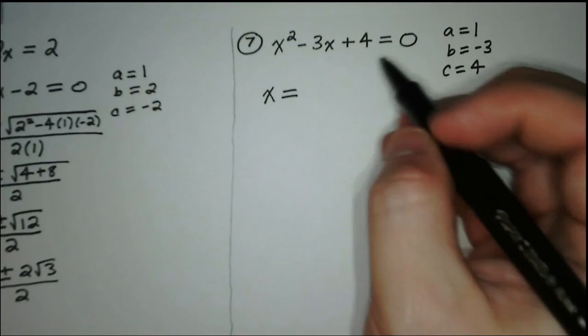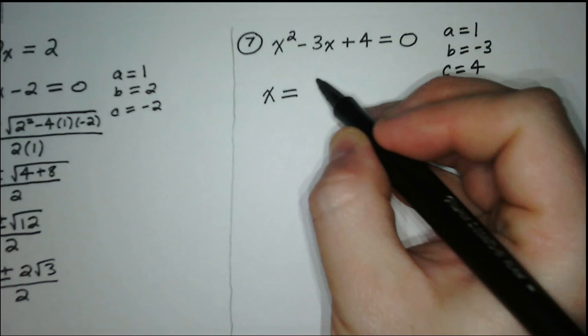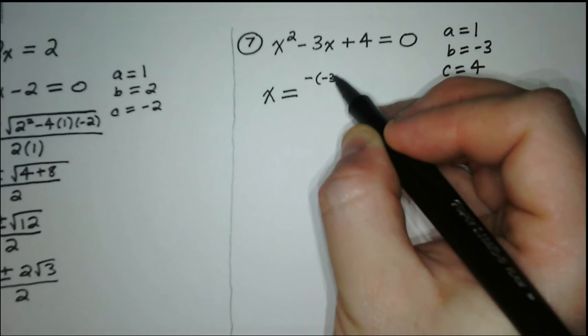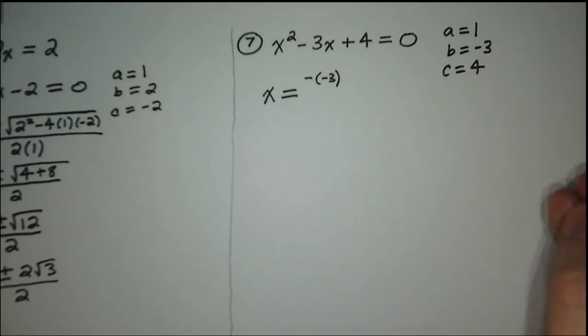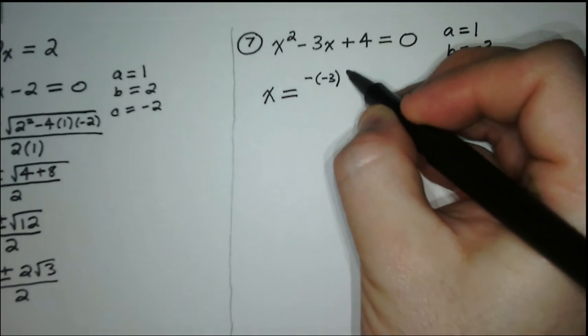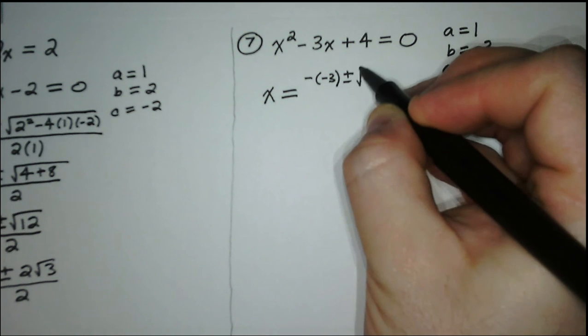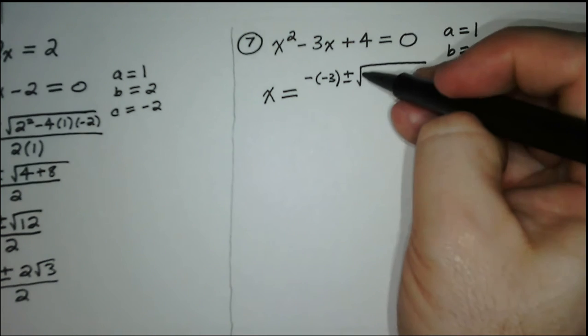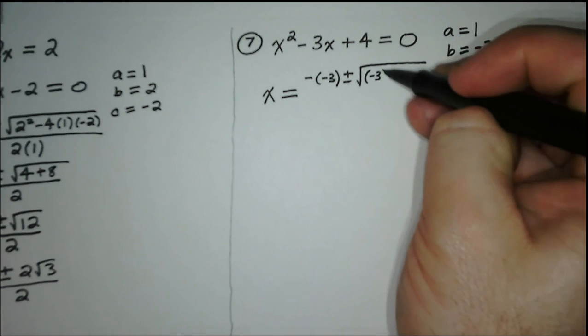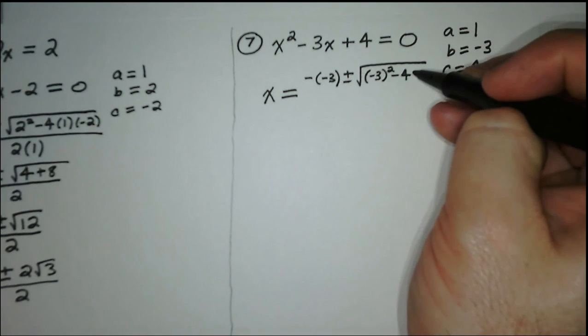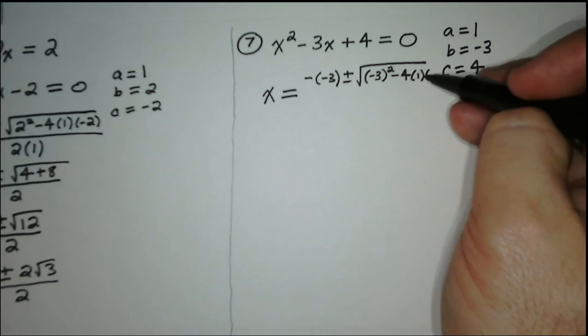So here we go. The opposite of B. See that? -3. Plus or minus square root of B squared minus 4 times A times C.